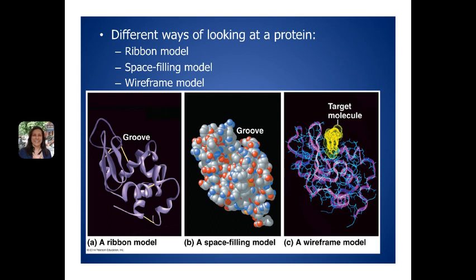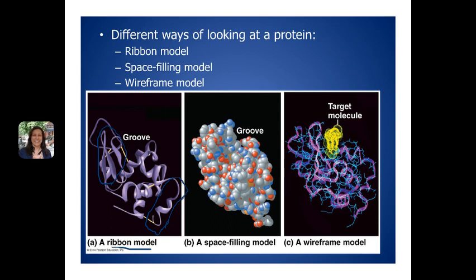In part A, we see what is known as a ribbon model, and ribbon models are particularly good for observing secondary structures like alpha helices and beta pleated sheets. What I just circled is an alpha helix, and this part here is a beta pleated sheet. Beta pleated sheets look like flat ribbons. So the ribbon model shows this very well.